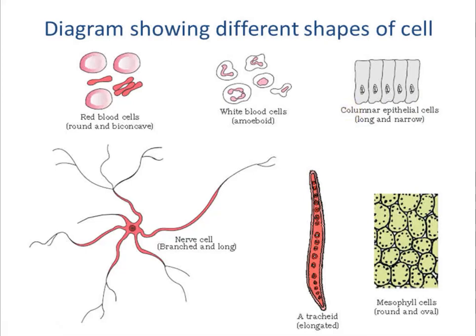Fine. Moving towards the next cell, a special type of branched and long cell, and that is a nerve cell. Actually, these types of neurons are very rare in the body, that you will learn in the chapter on neural coordination in 11th science itself. But for understanding, let's check this diagram. Why is this structure branched? This structure is branched because it is designed to receive stimuli from various areas.